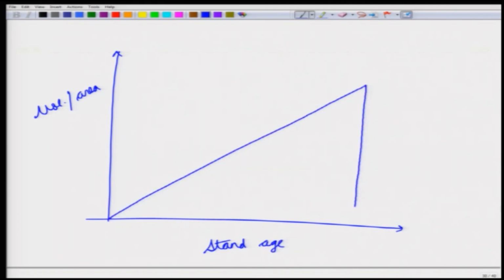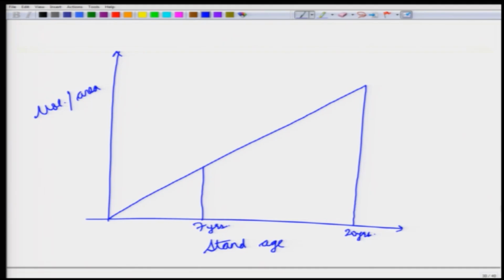For a higher stand age, let us say 20 years, the volume per unit area is more, whereas for a lesser age, say 7 years, the volume per unit area in the stand is lesser.